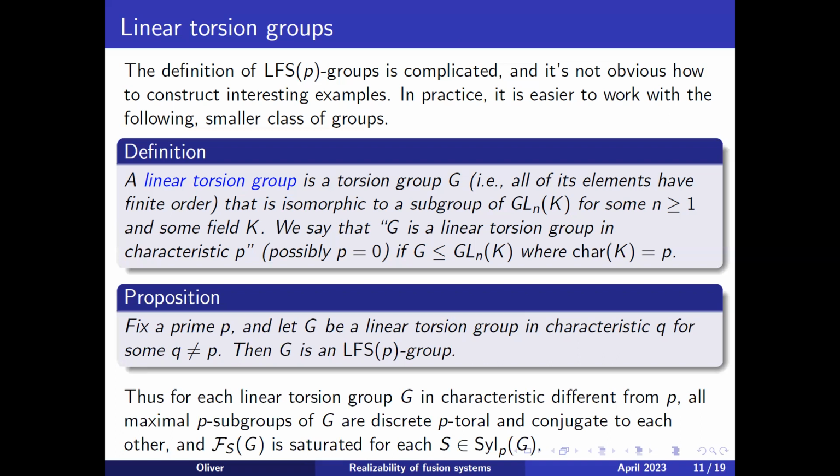Obviously it's a torsion group and it's linear in characteristic 0, but it's not linear in any positive characteristic. And I'll leave that as an exercise for now.